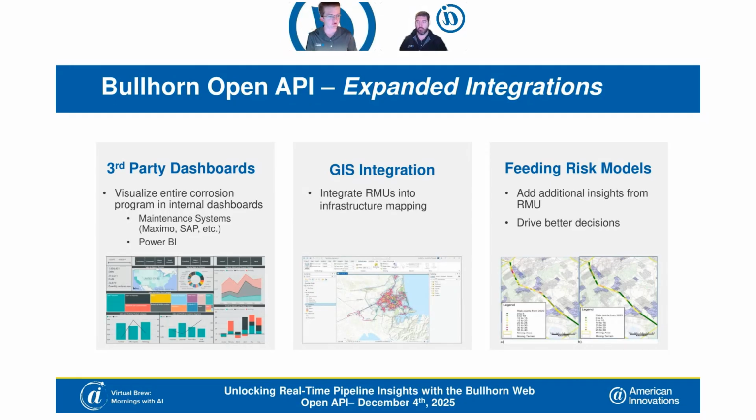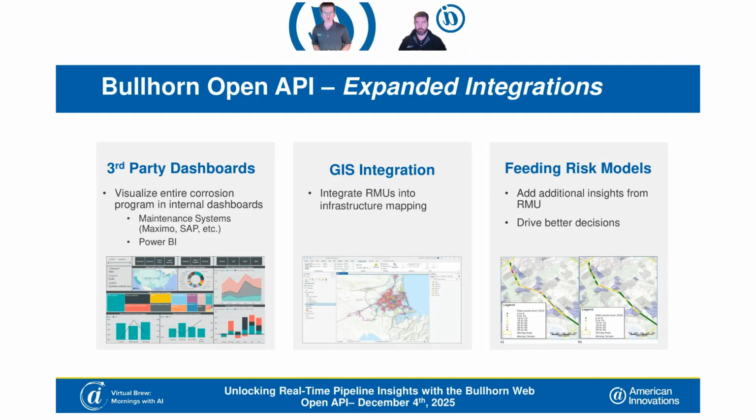For those of you using GIS tools and visualizing a lot of your data spatially, being able to integrate your remote monitoring data into your infrastructure mapping is another valuable way to expand the look at your CP system and your whole compliance system, alongside the data coming in from PCS and other tools that you may be putting into GIS.